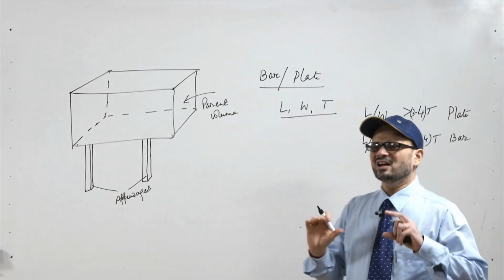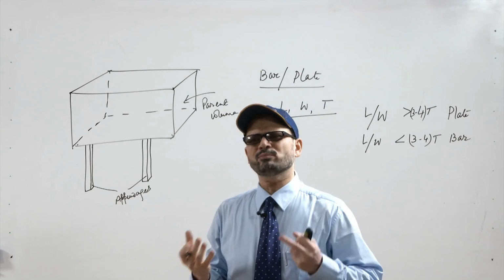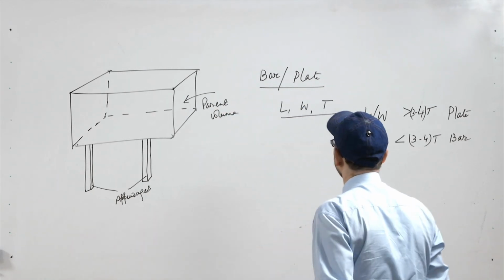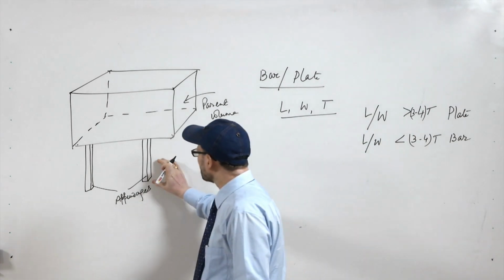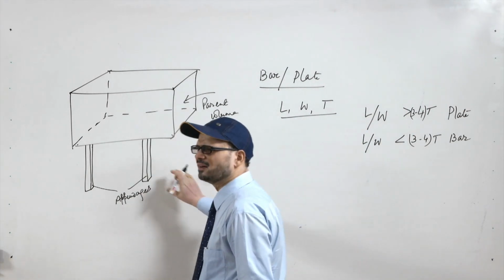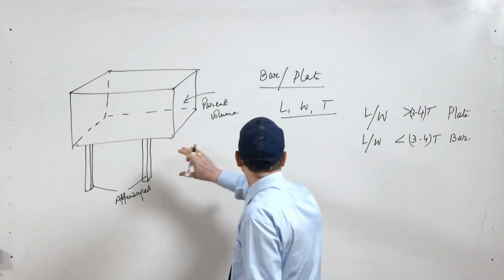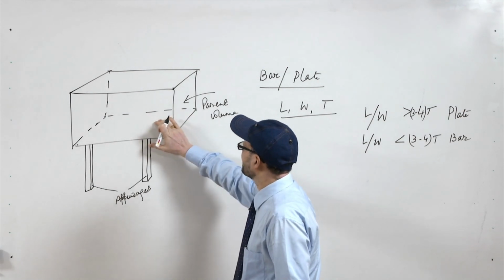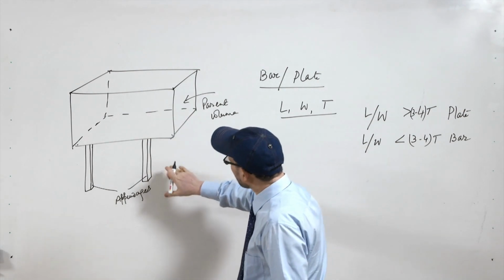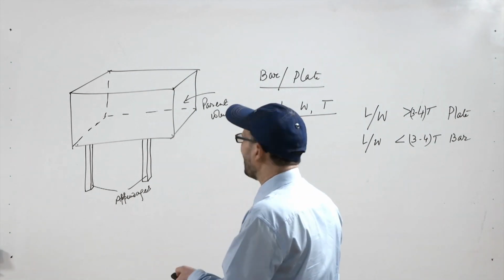This is normally defined; somewhere you may find it is 3 times and somewhere 4 times. Now, we have to calculate what amount of extra volume of metal will be required when you calculate the riser volume for this parent casting, and you have to incorporate that.